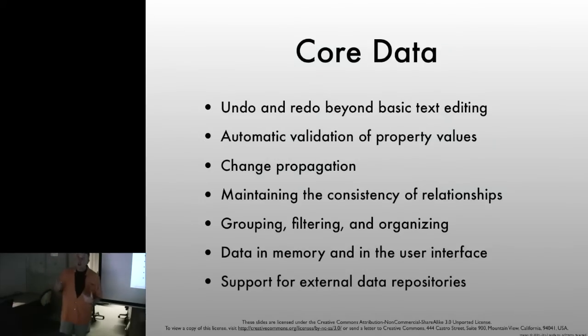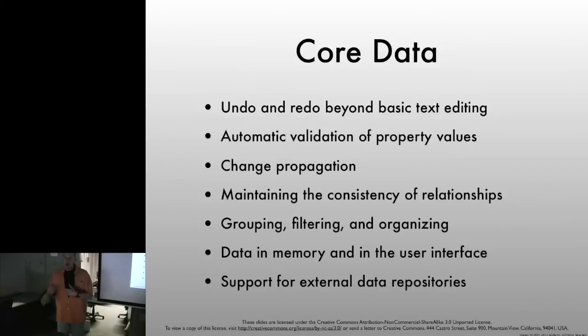So, what is Core Data? Core Data is a framework that comes with OS X and iOS. It has undo and redo that's far beyond just regular text editing and word processing: undo and redo of object creation and object deletion and merges. It also has validation of your objects and ways to automatically validate the input and output of your objects.